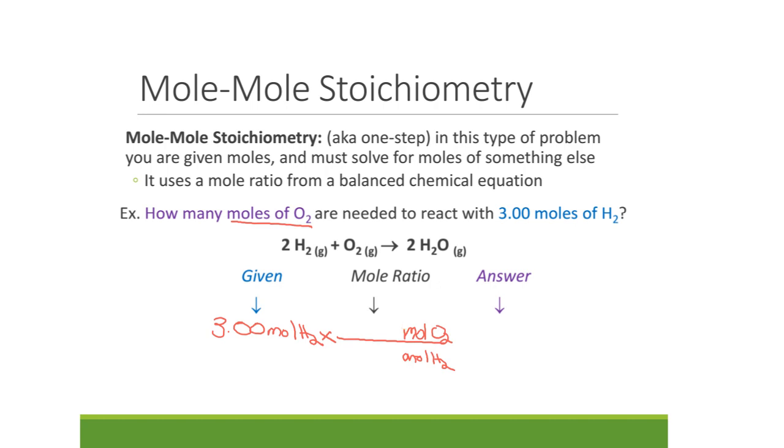So to get the numbers to fill in here next to our units, we have to look at our balanced chemical equation. This is the same equation from the other page. There's 1 mole of O2 for every 2 moles of H2. So my ratio is 1 mole of O2 per 2 moles of H2.